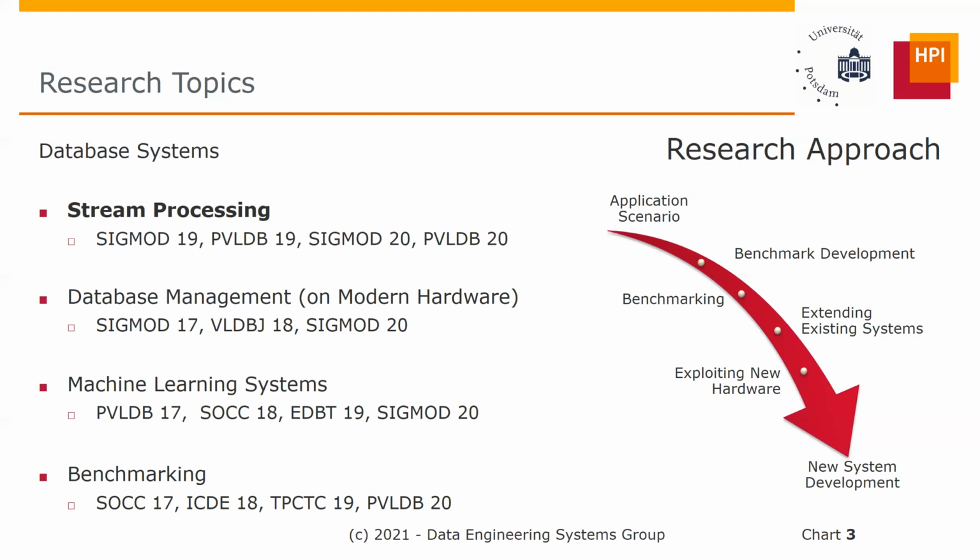And if we see that existing systems or using new hardware on existing systems doesn't really work, we're going to go over to new systems development. And sometimes we even get stuck somewhere in the pipeline. So sometimes it's all about the benchmarking, and then that's the paper, and there's not much more to do than that. And as I said, today the focus is on stream processing.